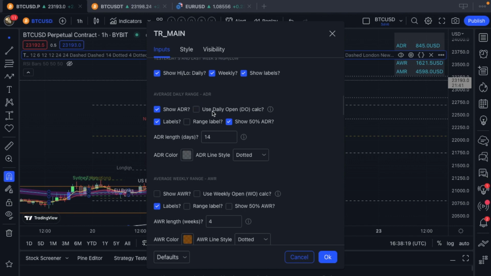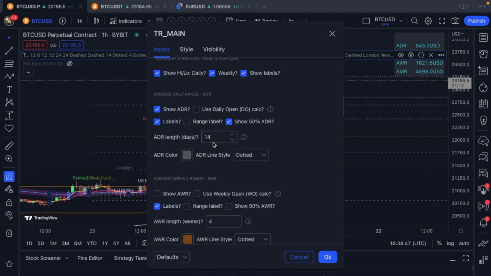The difference is when you're using the daily open, it'll give you the range all the way to the upside and all the way to the downside, which is great for a trending day. So if market opens and price starts moving up and then never comes back down towards the open, that is a very telling sign of a big trending day to come, and you're going to want to do the daily calculation.